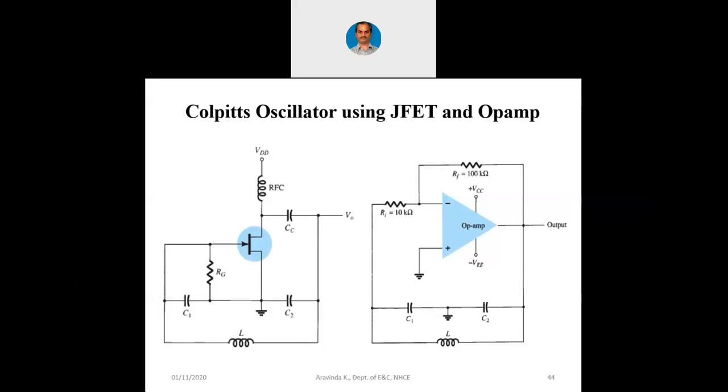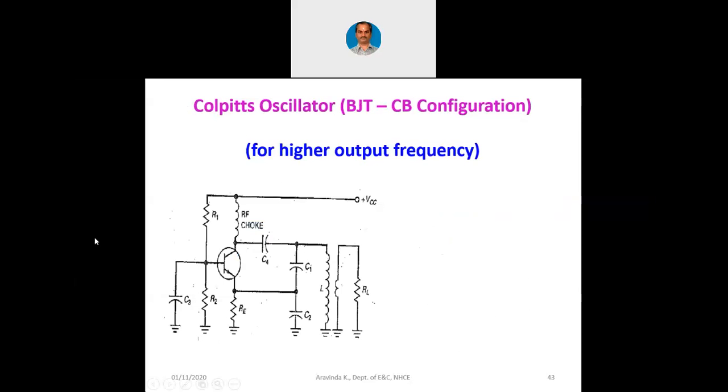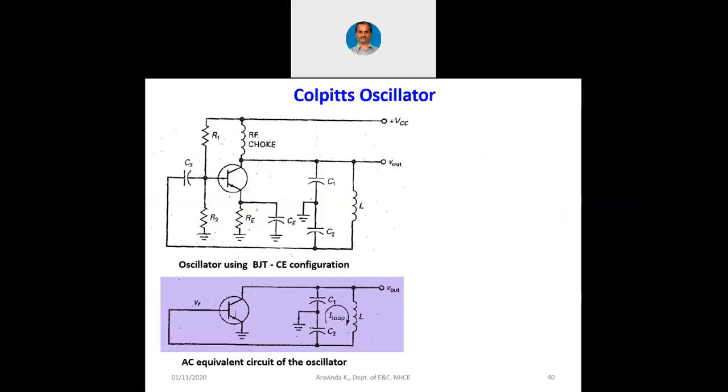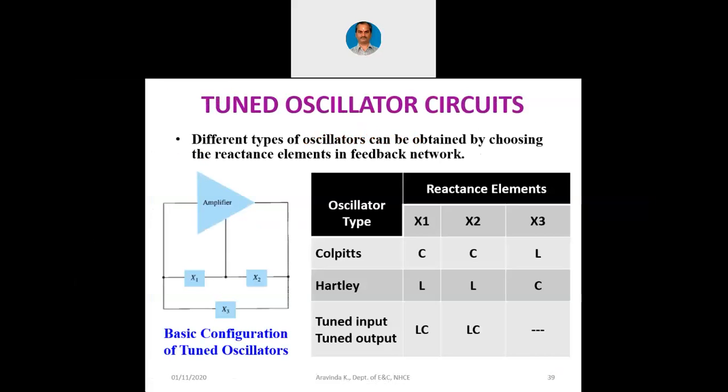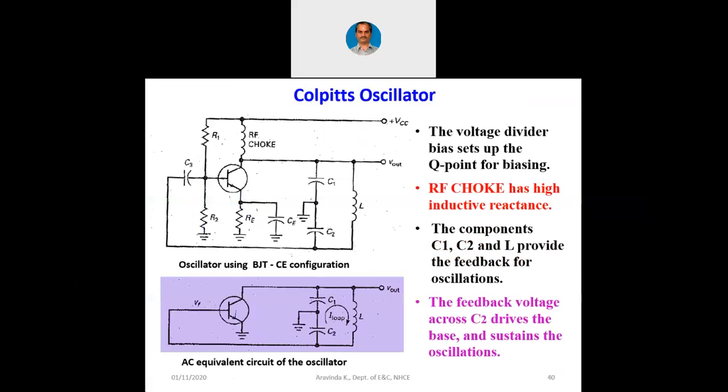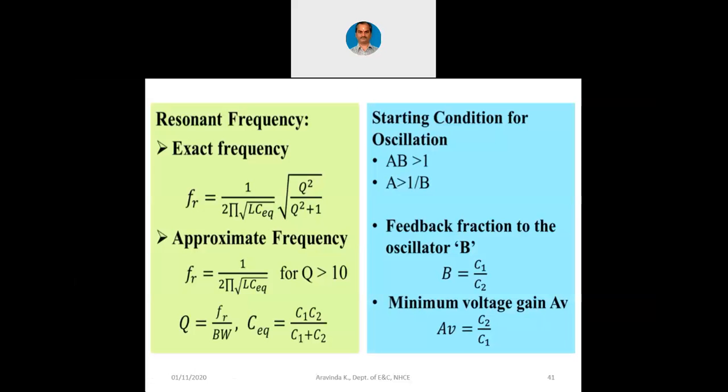Okay, let me proceed. The formula remains the same for all these circuits as I have shown you earlier. Let me show you that formula once again, because in the next slide we have an exercise. So this is the formula. Remember this formula.